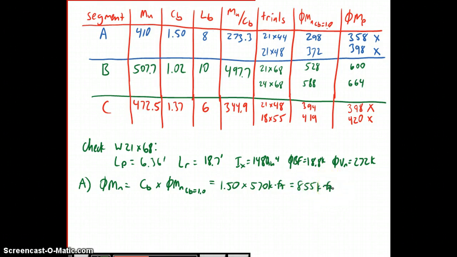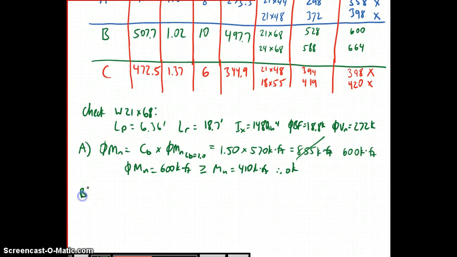Now we have to have a little wherewithal and realize that phi M sub n can never exceed phi M sub p, so we're going to cross that out and say it's equal to 600, which is phi M sub p. And since phi M sub n equals 600, and that is greater than or equal to M sub u in segment A, which is 410 kip feet, we're okay, and the W21 by 68 works in segment A.